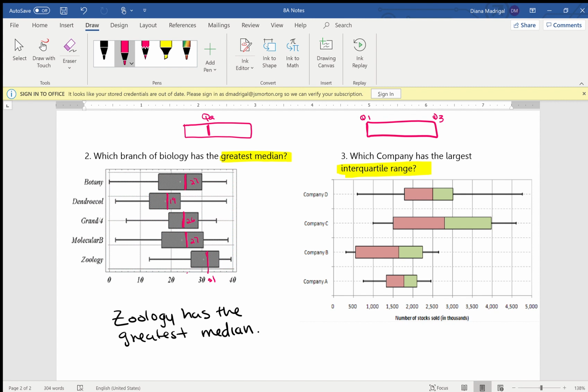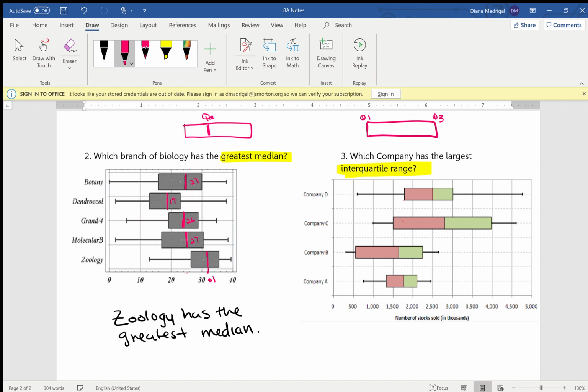In order for you to do that, you have to read through the numbers and see which one has more, basically. And the easiest way to find this answer is to look at the box. Which one is bigger? Okay, I'm just going to explain this one.